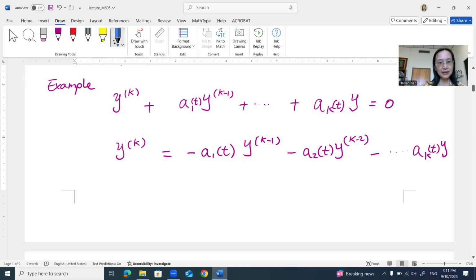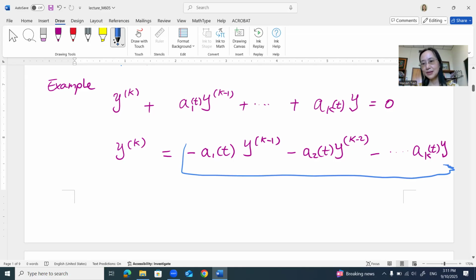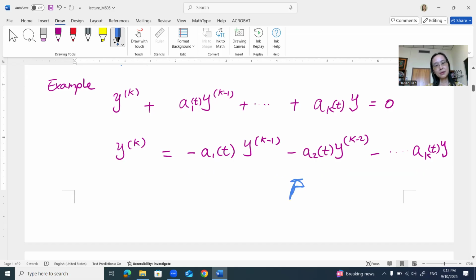So that is an expression that depends on t. So it's definitely non-autonomous, right? Because it has the t, and also it depends on y and all the way up to the k minus 1 derivative of y. So that is our capital F, the expression.